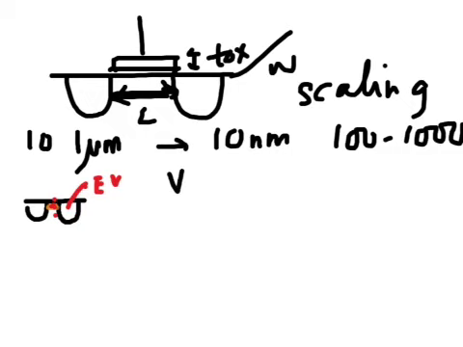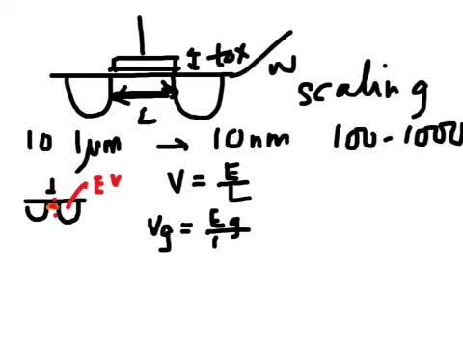As you know, voltage equals electric field times length, and there are two voltages of interest to us here. That is the gate voltage, the voltage from the gate to the channel. This gives rise to an E field operating over the oxide thickness, and the voltage from the drain to source gives rise to an E field operating across the length of the channel.